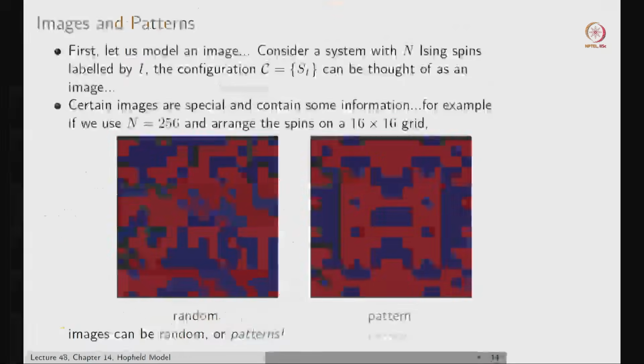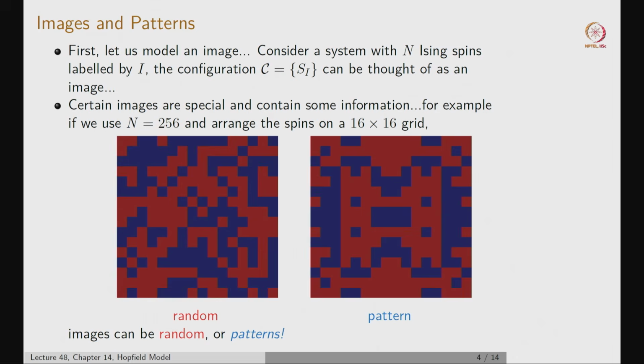Okay. So what are we going to do? What I am showing you here is, first we have to get an idea of what we mean by an image, and how can we make the idea of an image a little bit quantitative. So we are going to imagine that the image is made of lots of pixels if you wish, and let us just think of some 2 colored images, not very complicated things like what we have seen before.